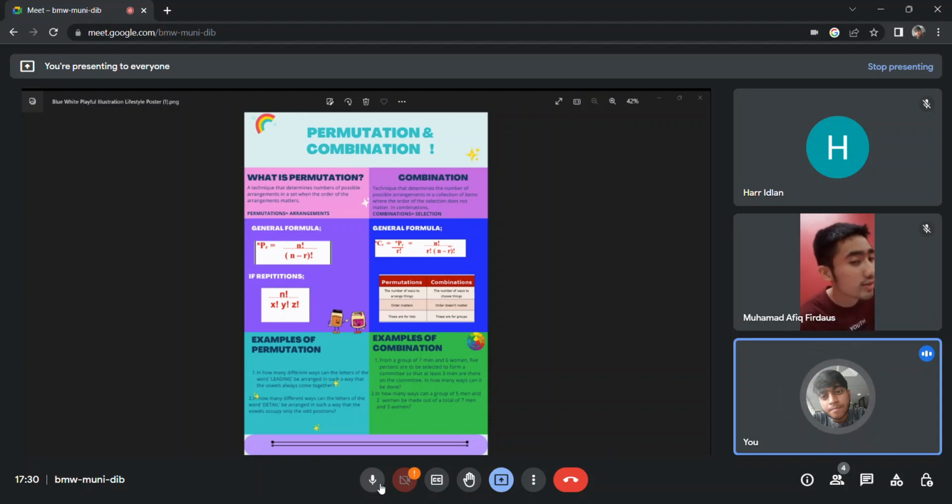We can arrange them in 3 factorial ways, which is 6. Then the balance is D, T and L, which is also 3 letters, which we can arrange in 3 factorial ways, which is 6. So the total possible arrangements will be 3 factorial times 3 factorial, which is 6 times 6, which is 36.